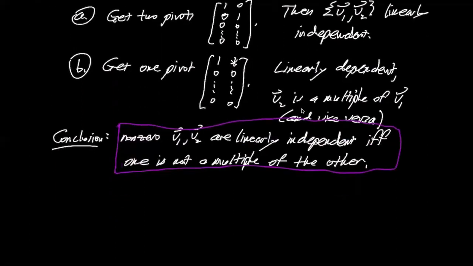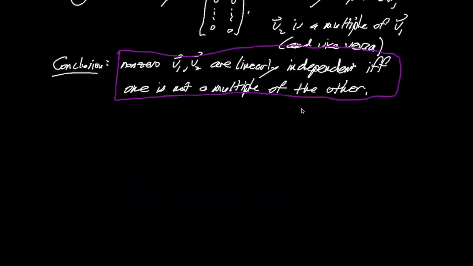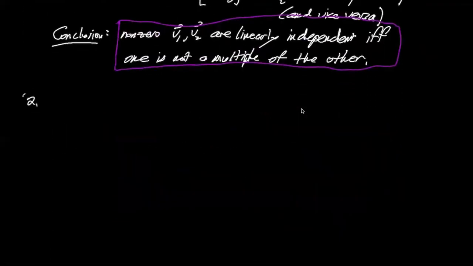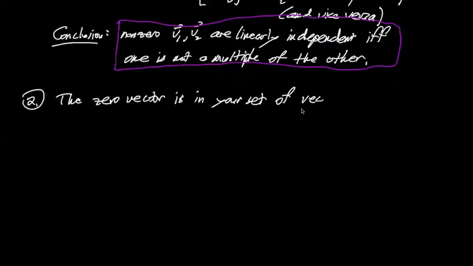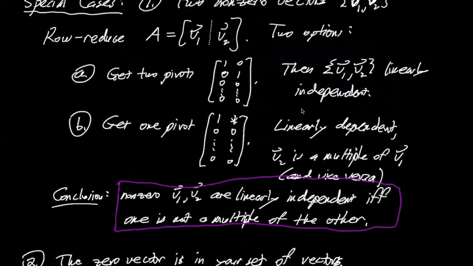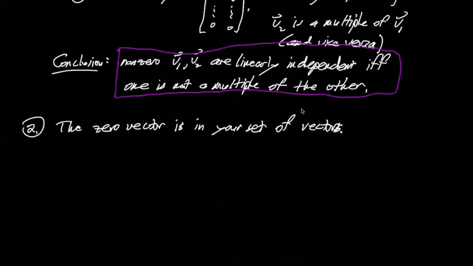That's the first special case I want to look at. The next special case I want to look at is, what if you have the zero vector in your set of vectors? The zero vector is kind of a dumb vector, but it does come up in certain situations.